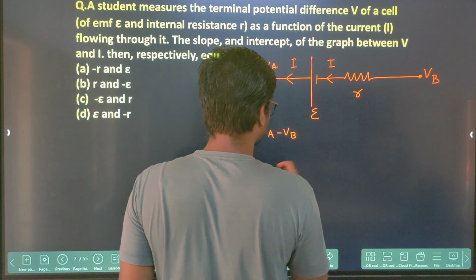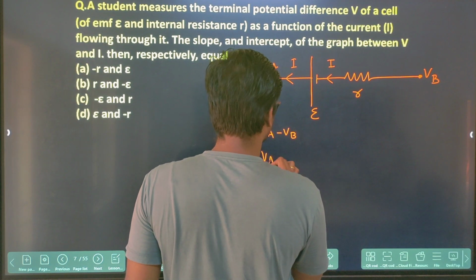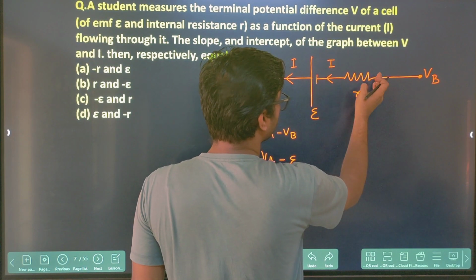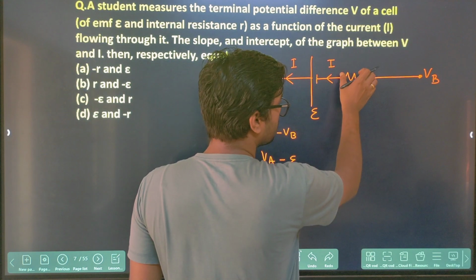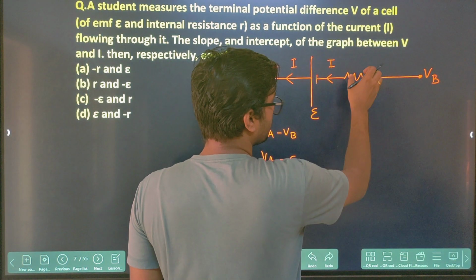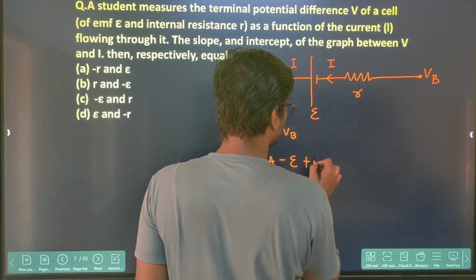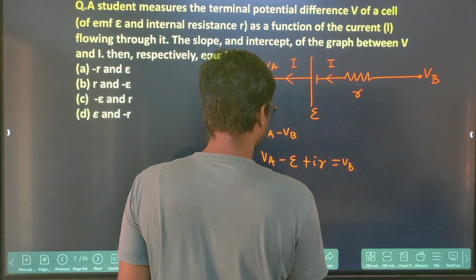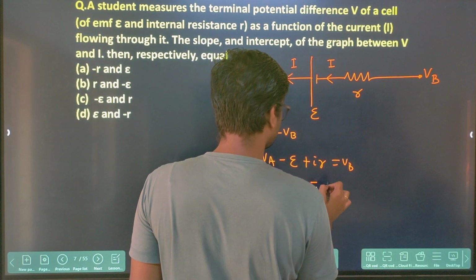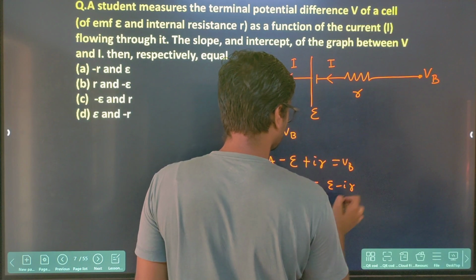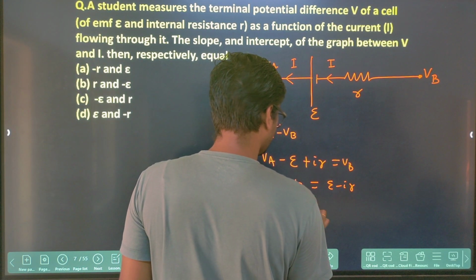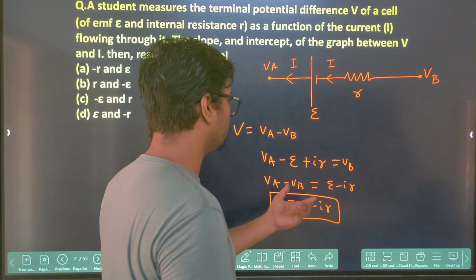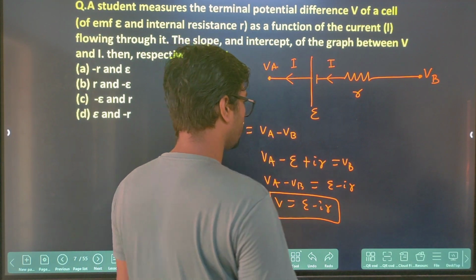I am directly writing VA minus E, you are moving opposite to the direction of the current through the resistor, so this will be plus Ir equal to VB. So VA minus VB is equal to E minus Ir. So V equals E minus Ir. This equation you got, because VA minus VB equals this.